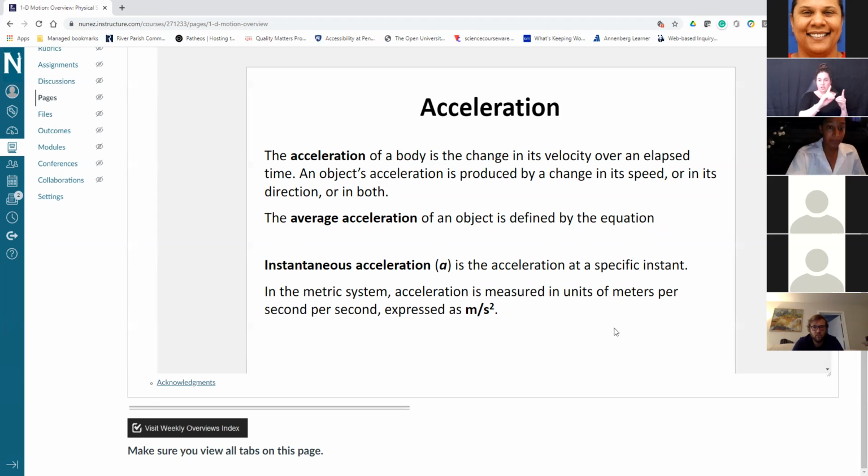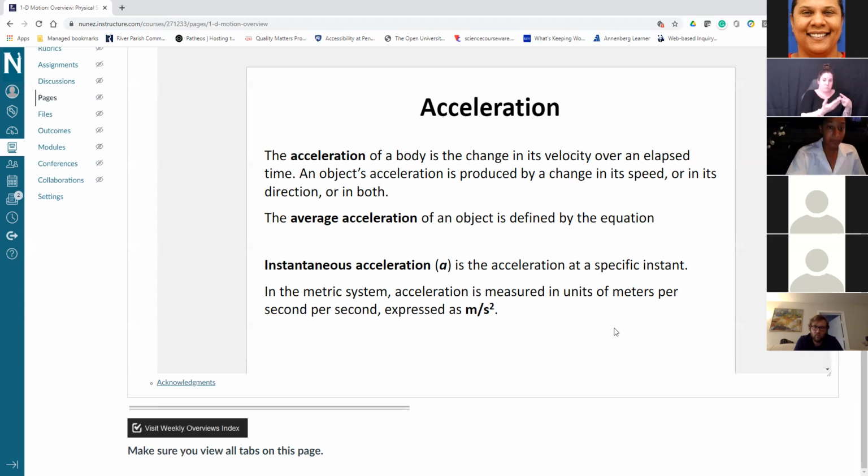We know, hit the gas or hit the brakes, you change the speed. Change the object's direction, steer the wheel. Or you could be doing both of those, right? So I can produce an acceleration by changing the object's speed or changing the object's direction, or doing both of those at the same time.